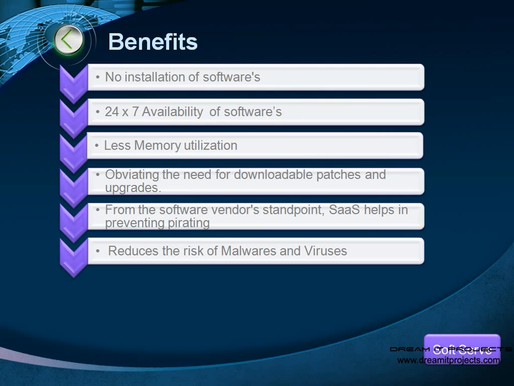Now the problem is you have paid for one license, but it's being used by many users. From the Microsoft point of view, it's a loss. Now with this, since you are not providing any installation, the installation is done on the server, so piracy will be overruled.